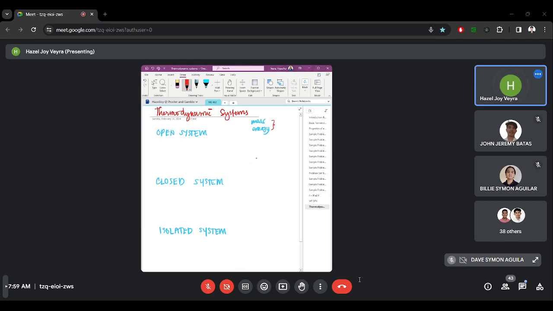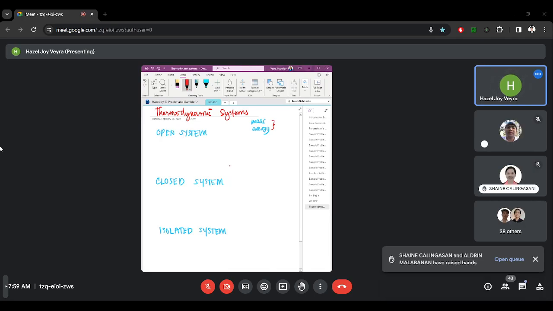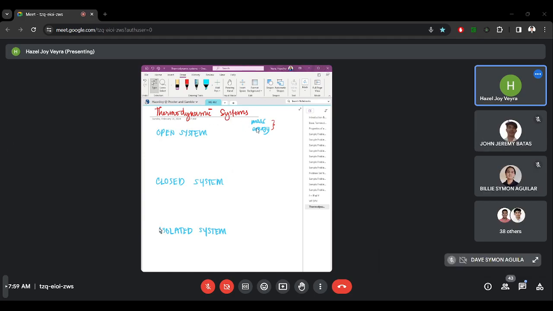Nag-advance reading ba? Yes, Mr. Aldrin? Ma'am, sa open system po, mass and energy can cross boundary. Pero sa closed system po, mass cannot cross but energy can. Correct, very good.